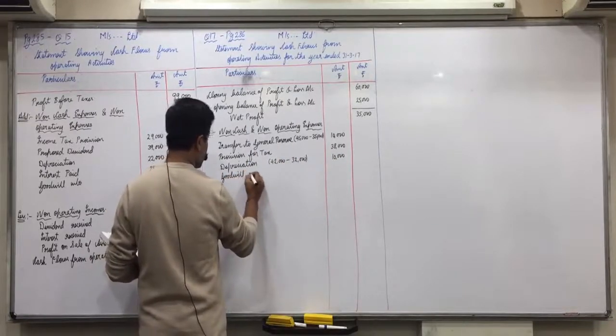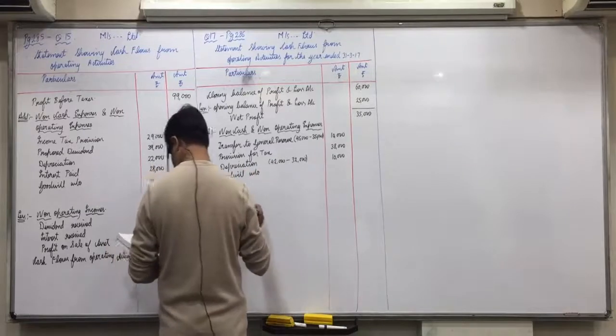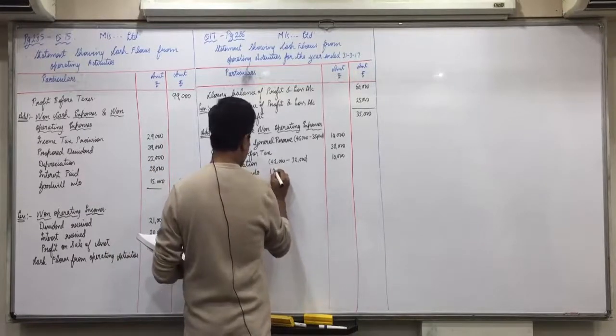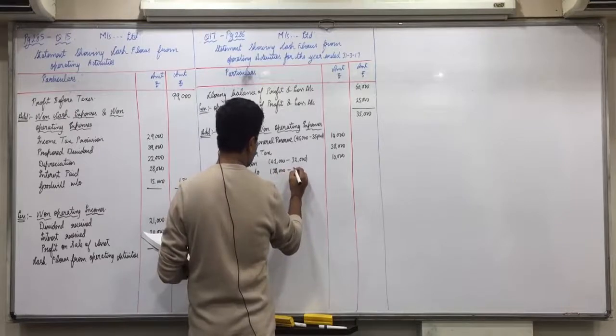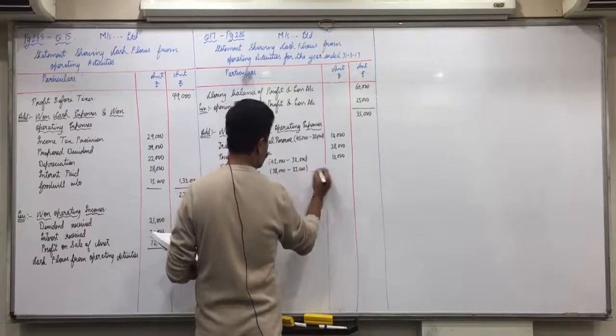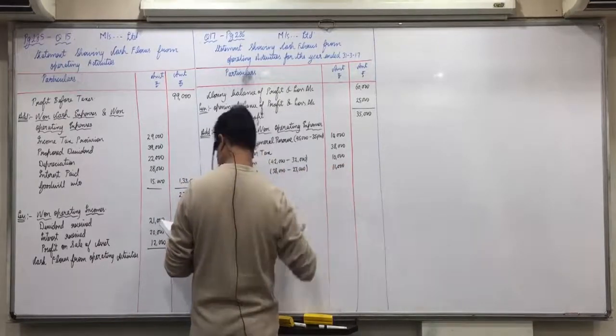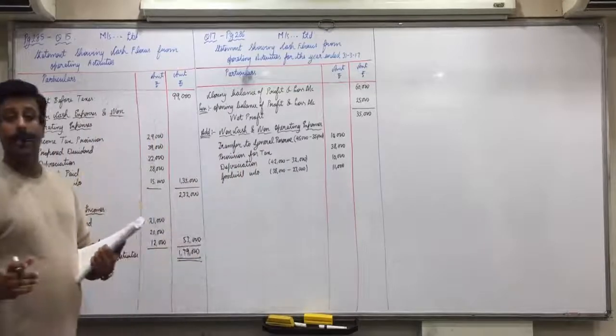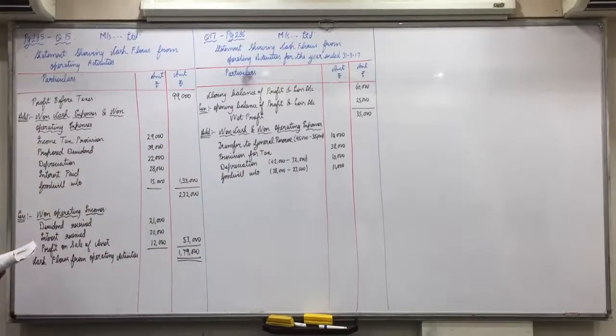Goodwill written off 38,000 minus 27,000, 11,000. Next 4 are CACLs, will not take.